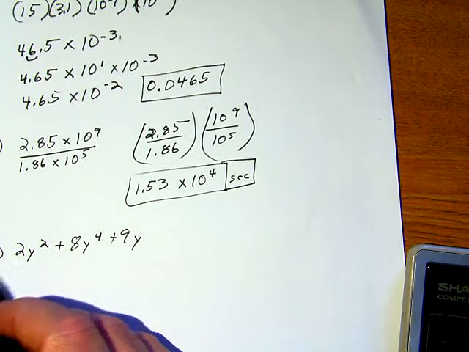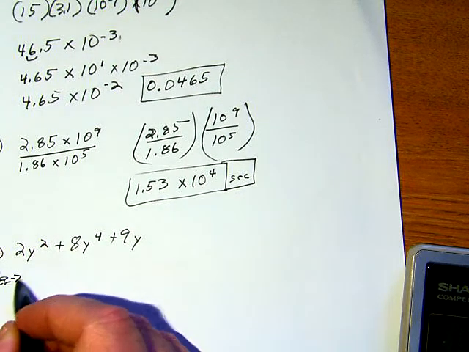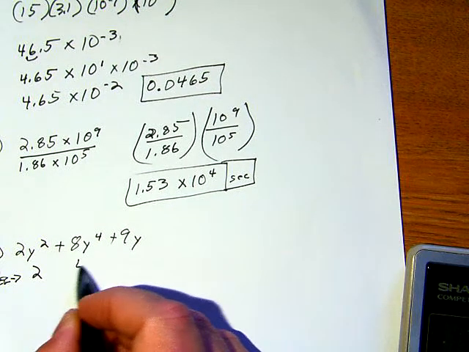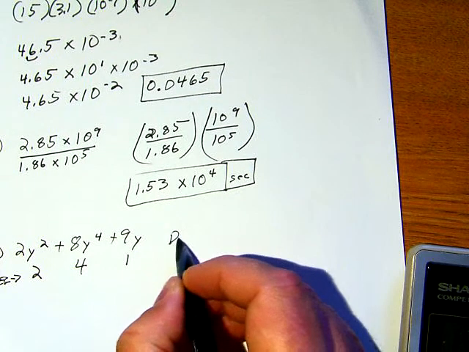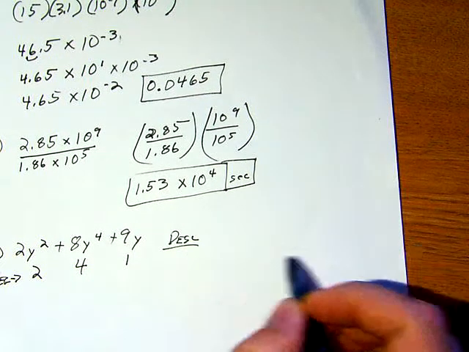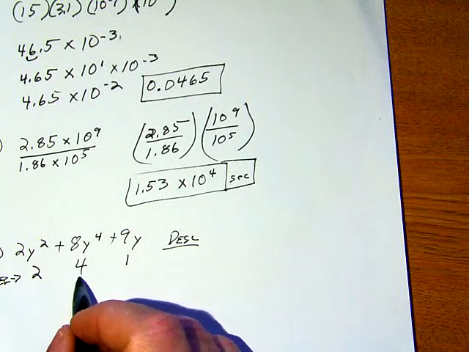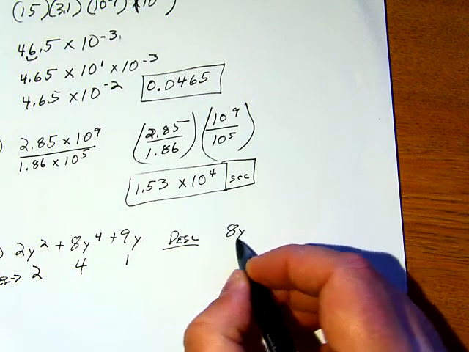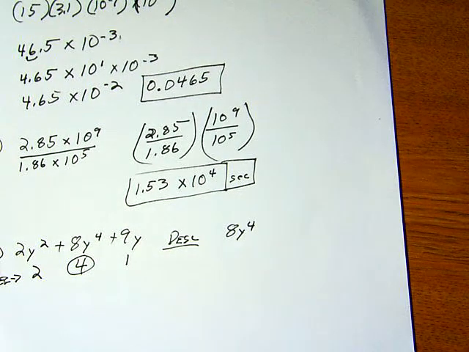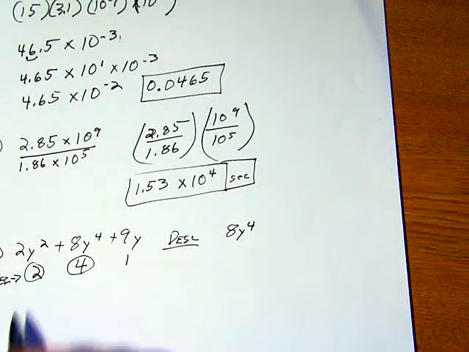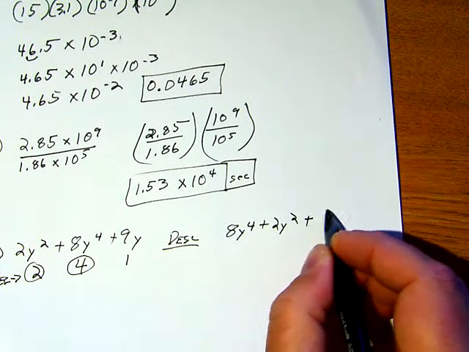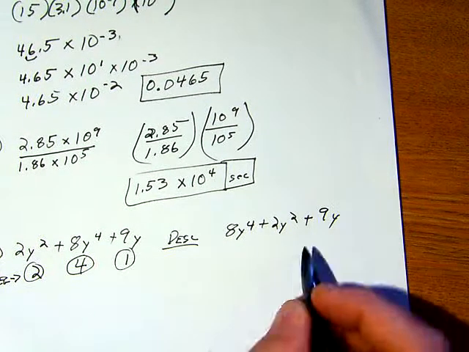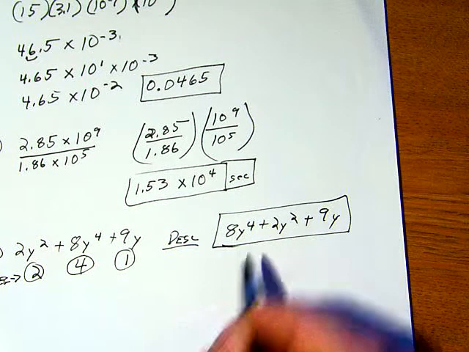If I put the degrees below them, this is a second degree, this is a fourth degree, this is a first degree. Then I'm supposed to put them in descending order. So I'm going to take the biggest one first, 8y to the 4th. That one's handled. Now I'll do the 2y squared plus 9y. And they're all handled, and there is my answer.